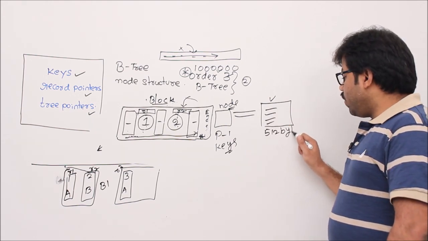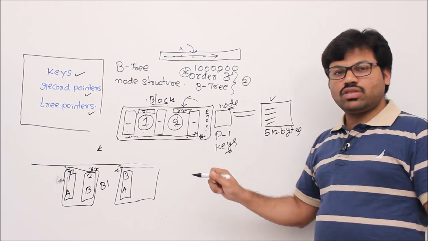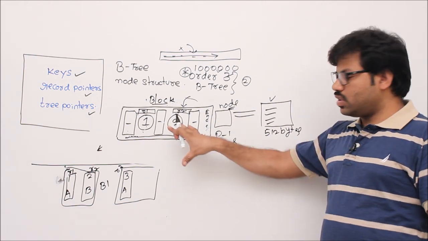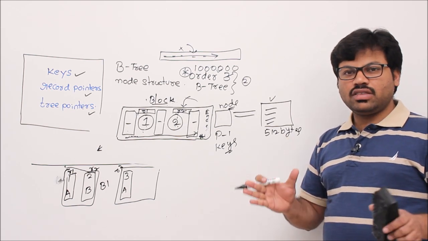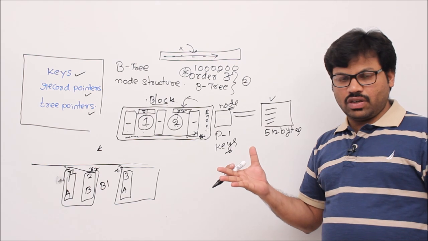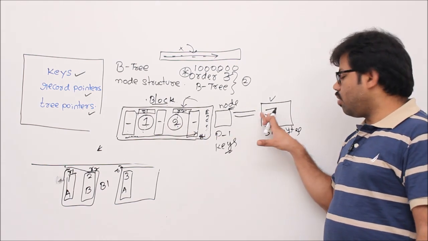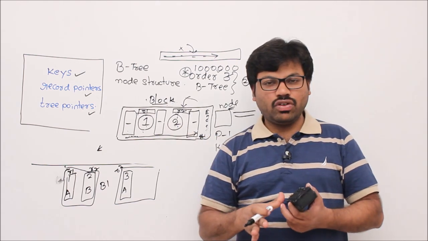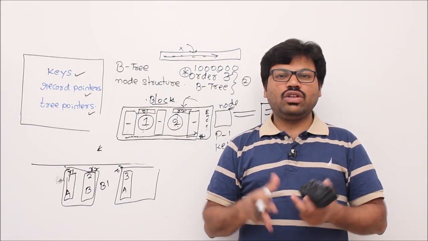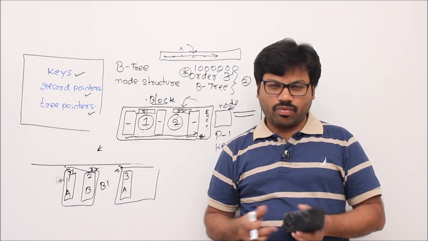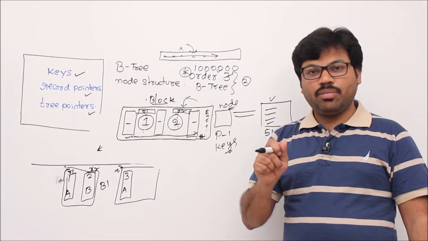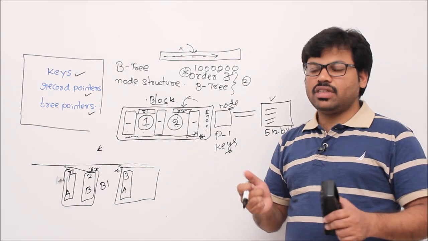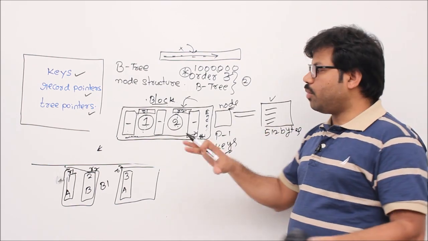Then we have to restrict our B tree nodes also to some extent. Every B tree node should have some fixed number of keys, because if you have infinite keys, that cannot fit in one block. Then you can't get the advantage of efficiency, and unnecessarily you will be accessing a lot of blocks. That's why there is a close connection between theoretical B tree and implementation.